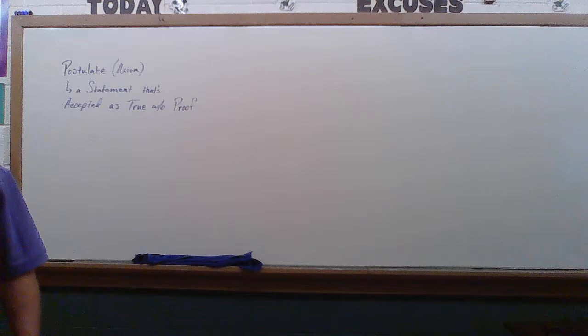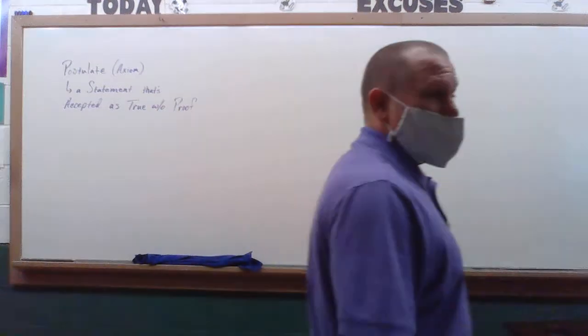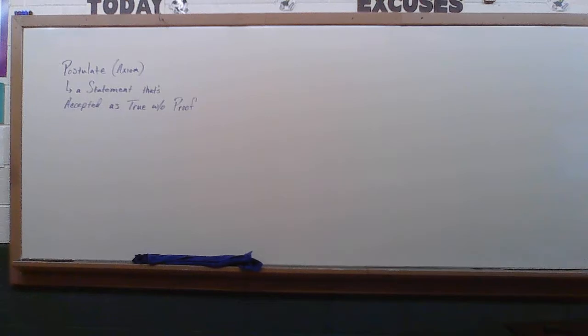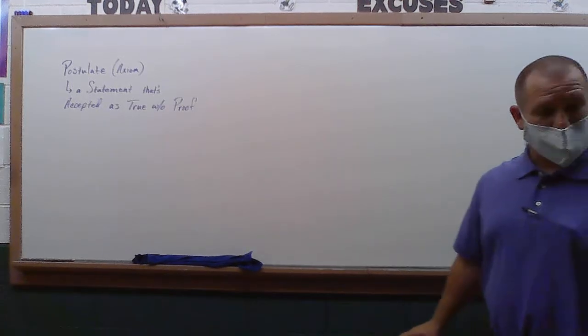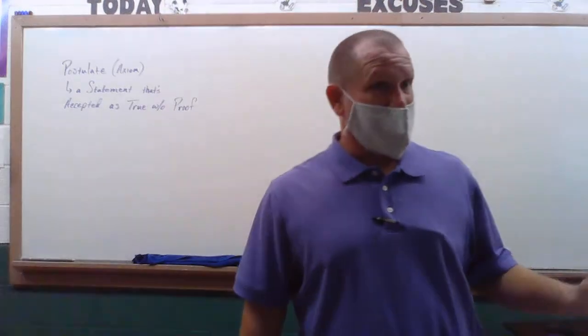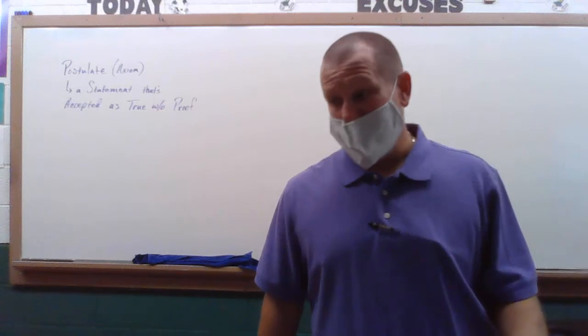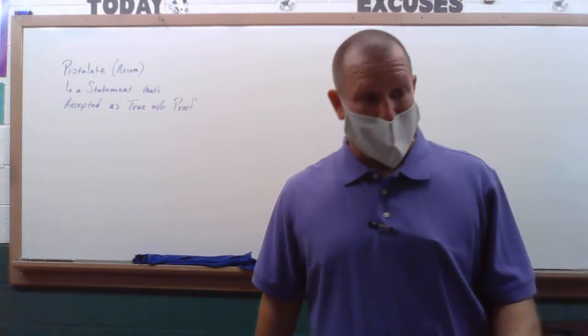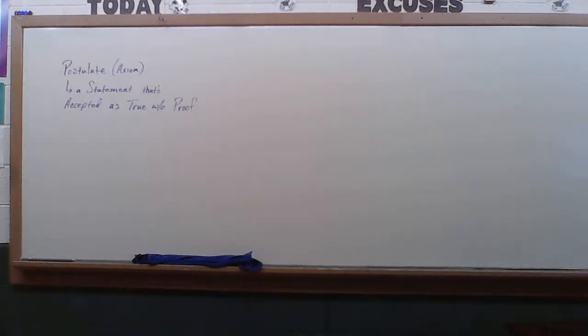So you can read through the rest of them, and it'll show you exactly what you can use. Again, you can use any one of these to explain your reasoning while you're looking at a statement. Does that make sense, what a postulate is? Everybody okay with that? Again, if you want to write all these out, you can, but you don't need to. Just put page 127 in your notes or something.